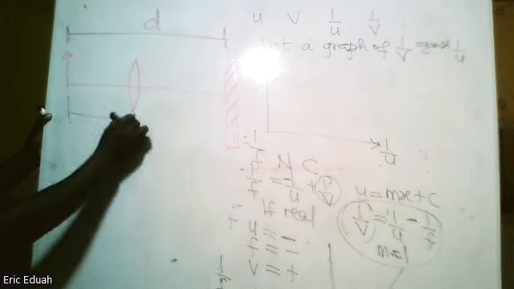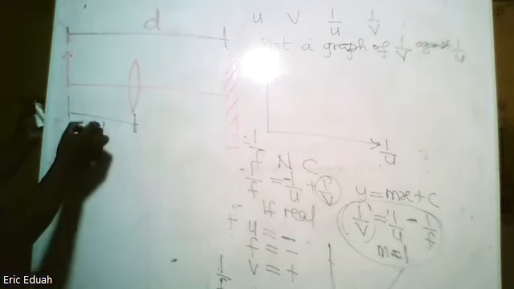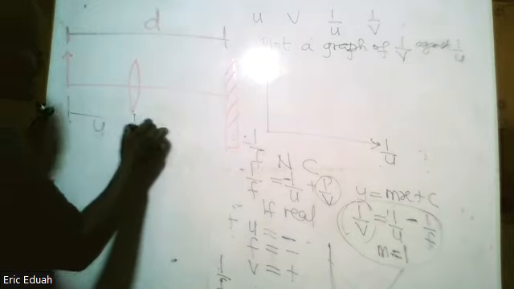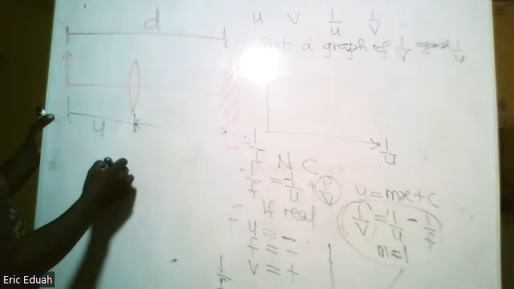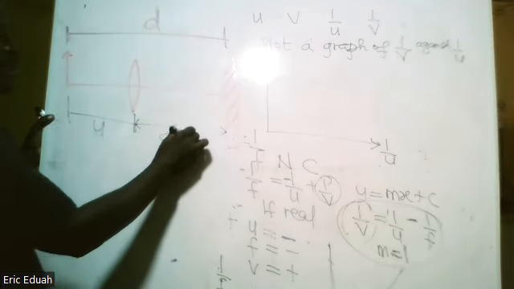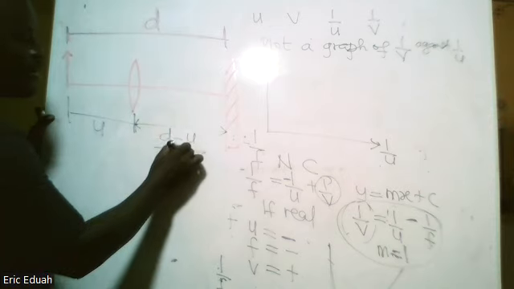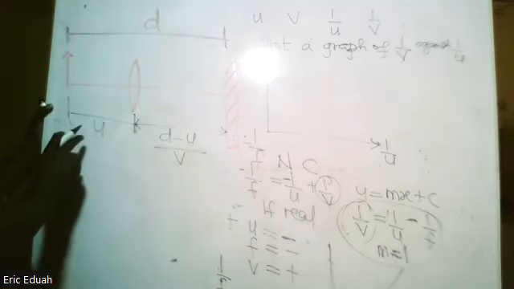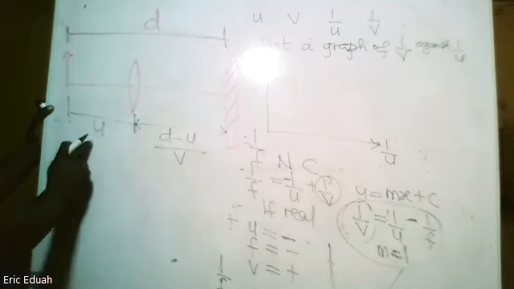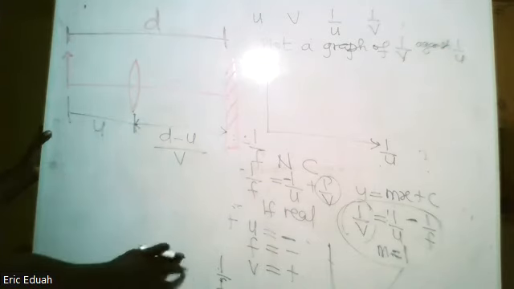Of course, from the object to the lens is the object distance, U. If this is U, when we subtract U from D, D minus U gives us V, the image distance. Are we okay? So the image distance is D minus U, which is this.